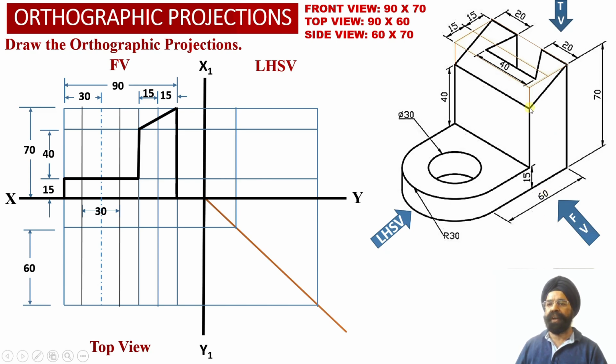Similarly, corresponding to the front face of the vertical web, the observer will be able to view the true shape of this vertical web in the front view projections over here, because this surface is parallel to the vertical plane. So this surface will be projected as a true shape in the front view projection.